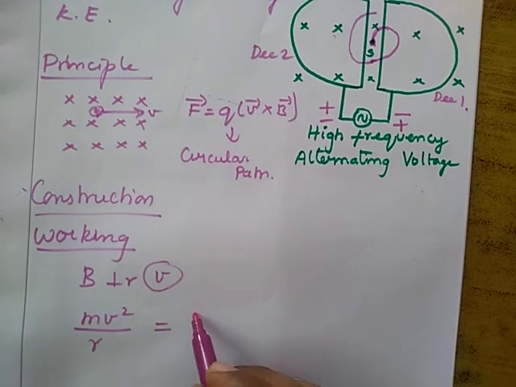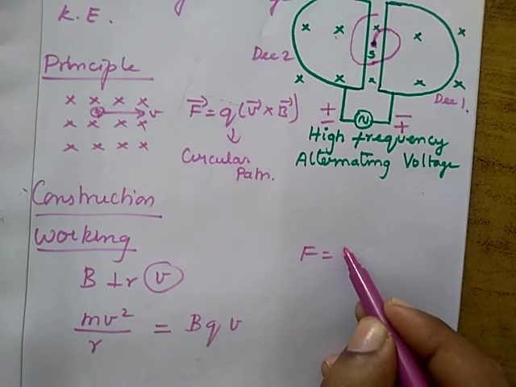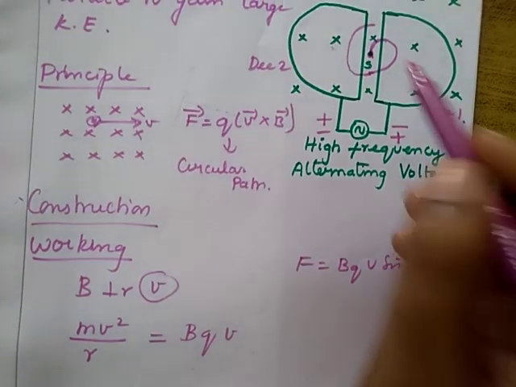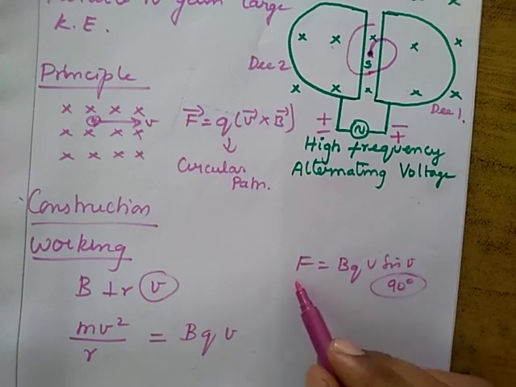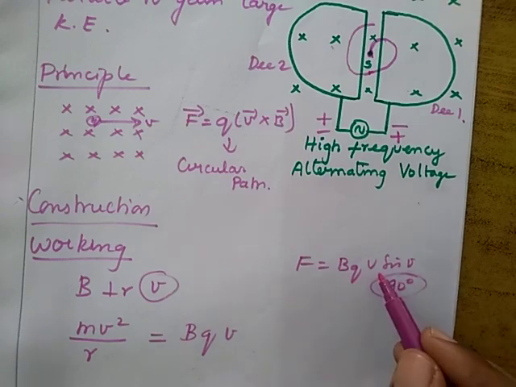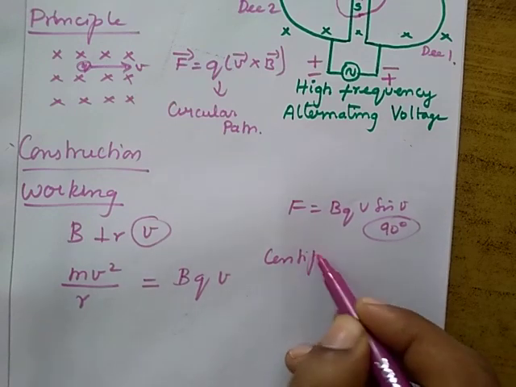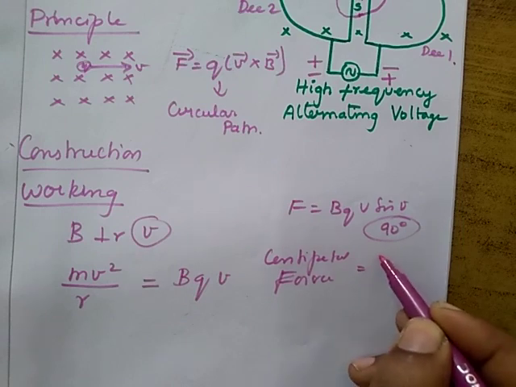Lorentz force is F equals BQV sin theta. Here the angle between velocity vector and B vector is 90 degrees, so the force is BQV. Centripetal force is equal to Lorentz force.